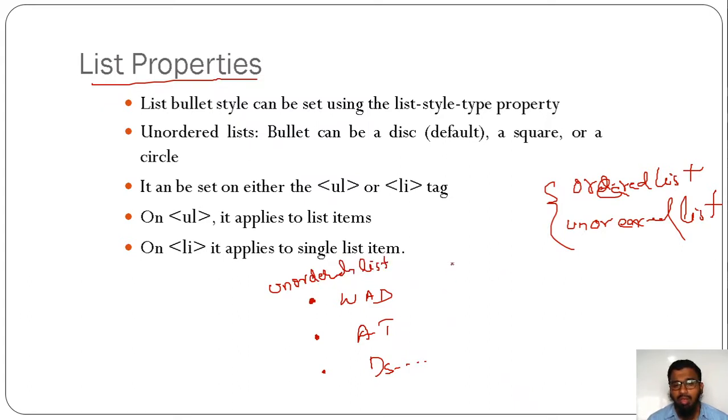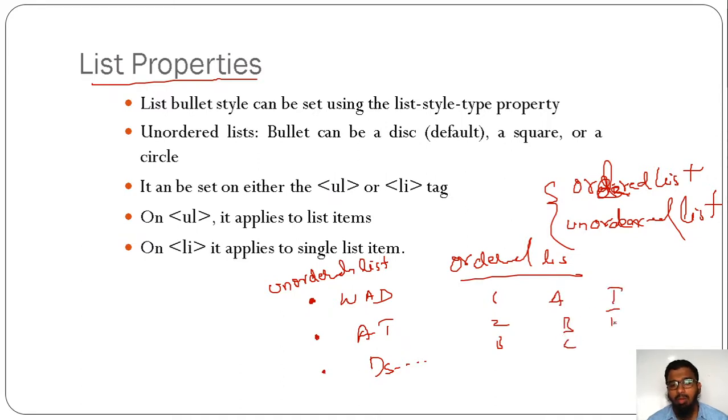In an ordered list, we will have numbering like 1, 2, 3, or capital A, capital B, capital C, or Roman numerals, and so on, or small a, b, c.